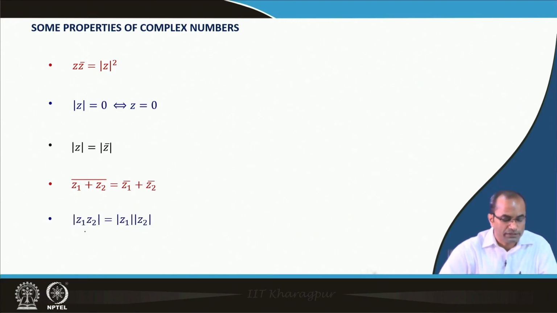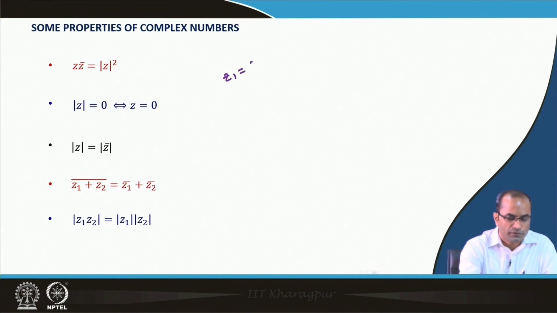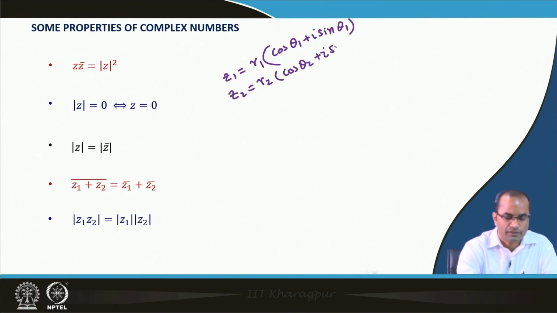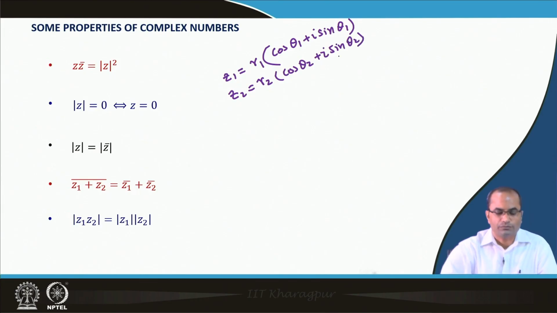We have the product z 1 z 2 equal to the modulus of z 1 times the modulus of z 2. Concerning this property, we will take z 1, for instance, in the polar or trigonometric form: r 1 times cos theta 1 plus i sin theta 1, and z 2 as r 2 times cos theta 2 plus i sin theta 2.